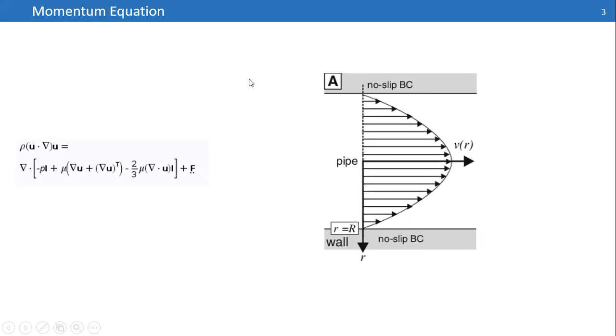We can apply that on the walls, and we have an inlet and an outlet. For the inlet, we can define the velocity of the fluid, or we can define the flow rate.